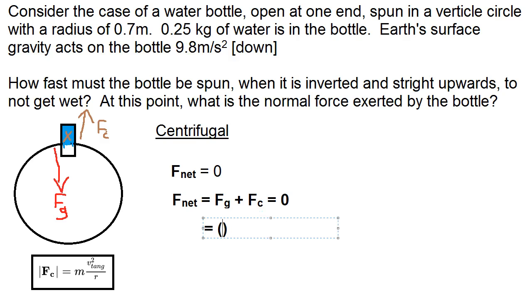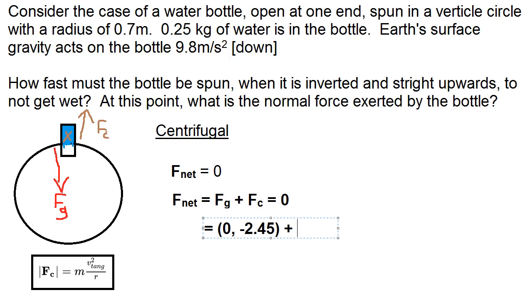Now, in this particular instance, the net force in the vertical is 0. You can take the mass of 0.25 and multiply it by the acceleration due to gravity, 9.8 meters per second squared down, and this will give you a vertical force for the force of gravity.